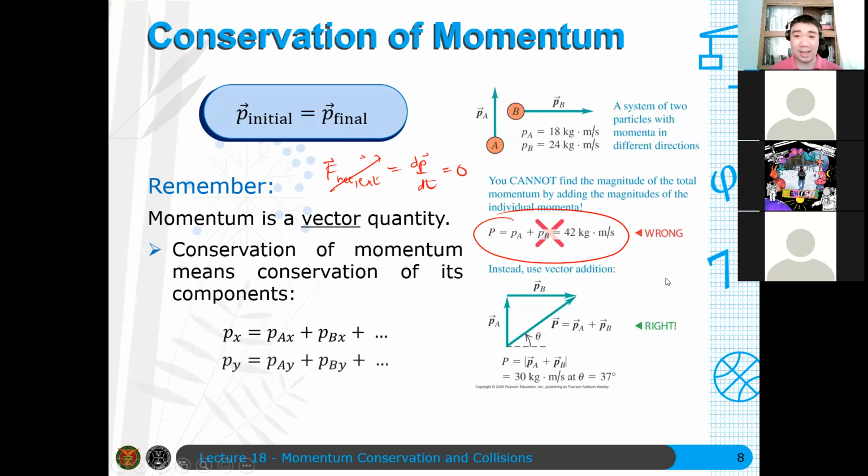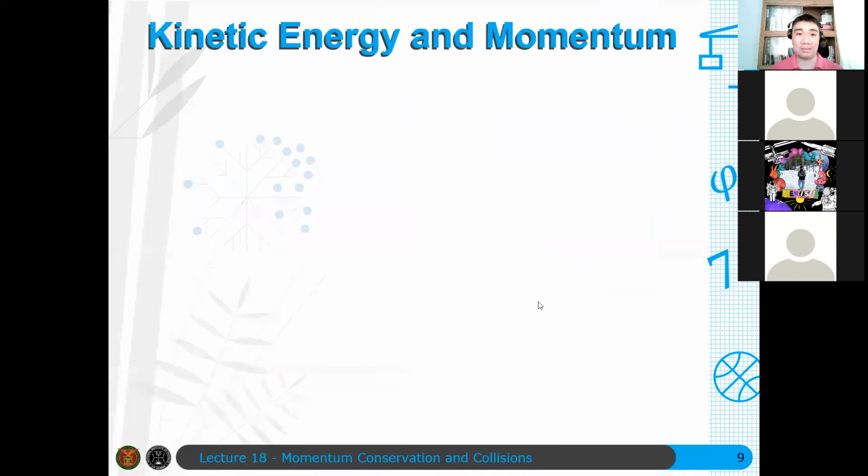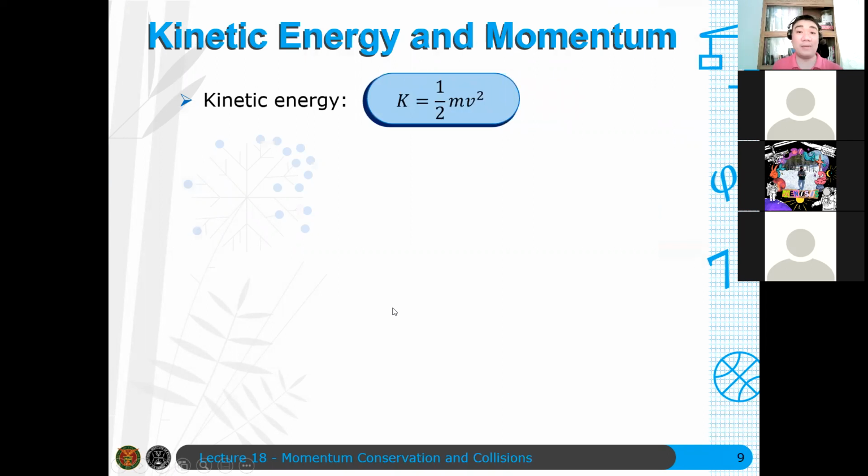Okay, thank you. Now, again, the components are Px, Py, and Pz. We can also relate the kinetic energy and the momentum of the system. The kinetic energy is, of course, 1/2 mv squared, and we can express this K in terms of momentum.